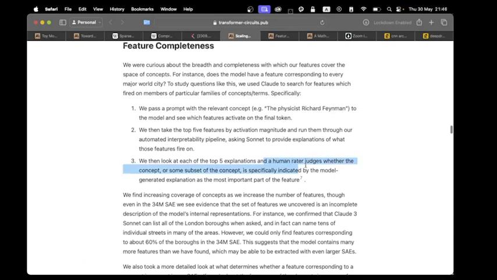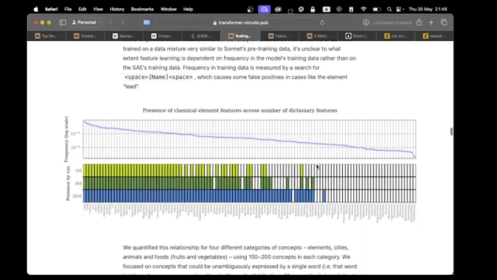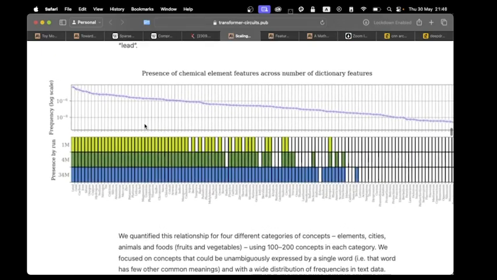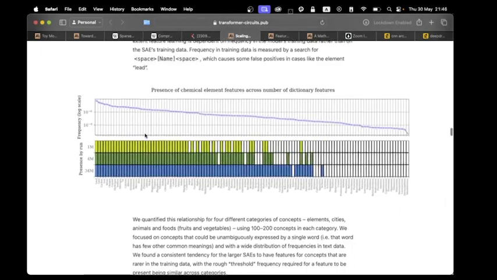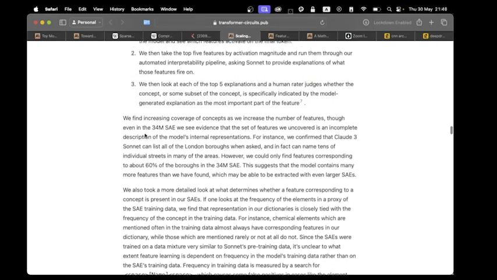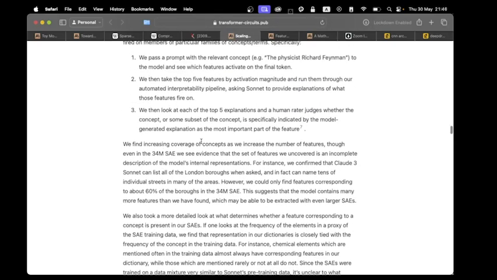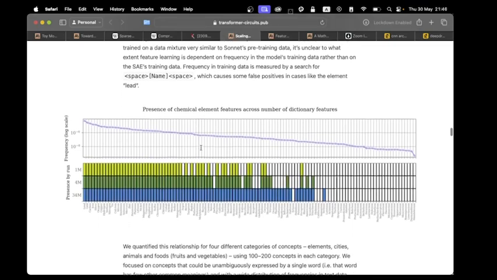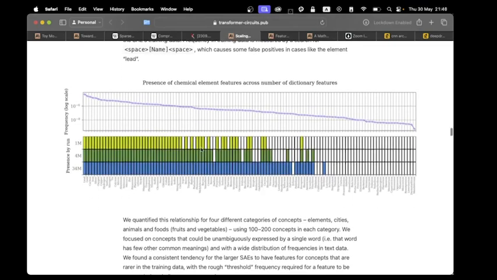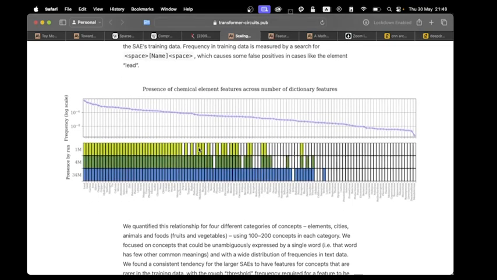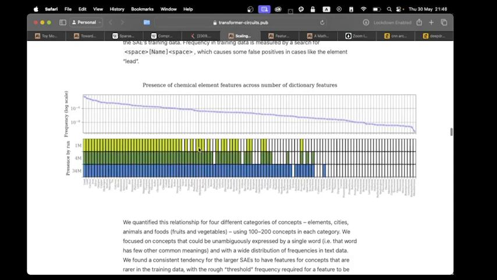Well, we ask a human rater, and oh my, I'm not actually sure if it's going to relate. Yeah, so I didn't look at this graph before, so I'm not sure what it does.